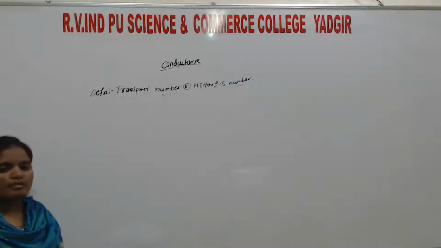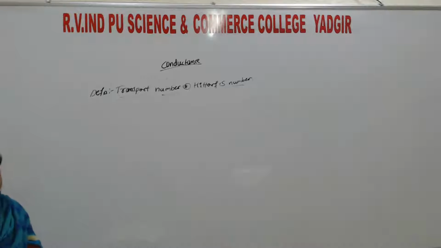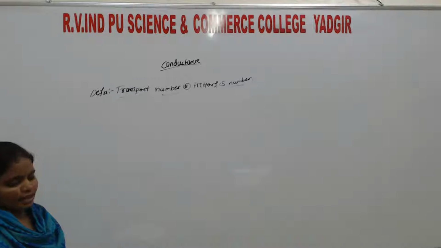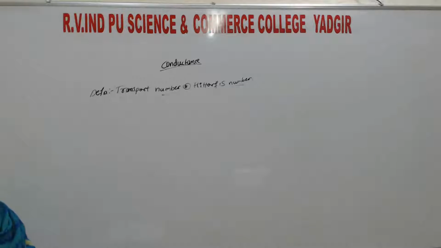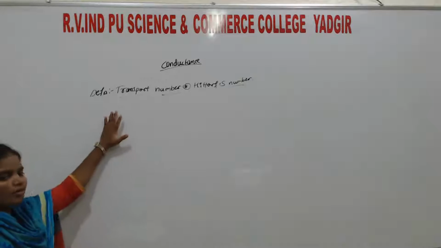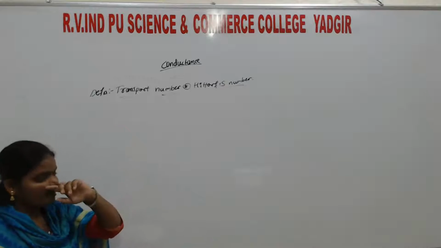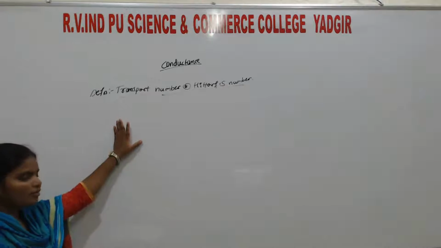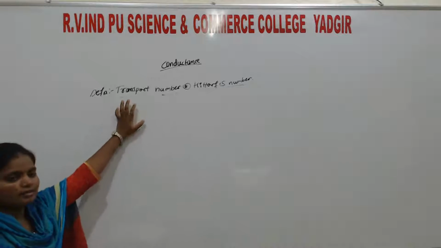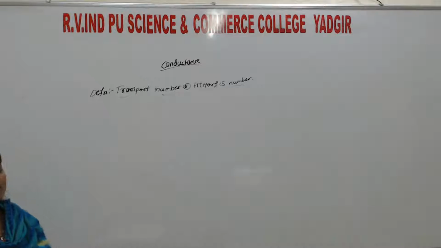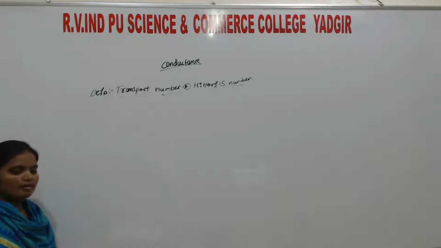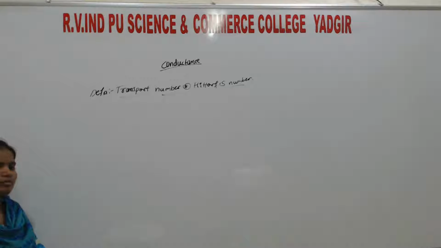During electrolysis, when you are passing current through an electrolyte, the current is carried by the anions and cations. So the transport number is defined as the fraction of the total current carried by the cation, and it is called Hittorf's number.